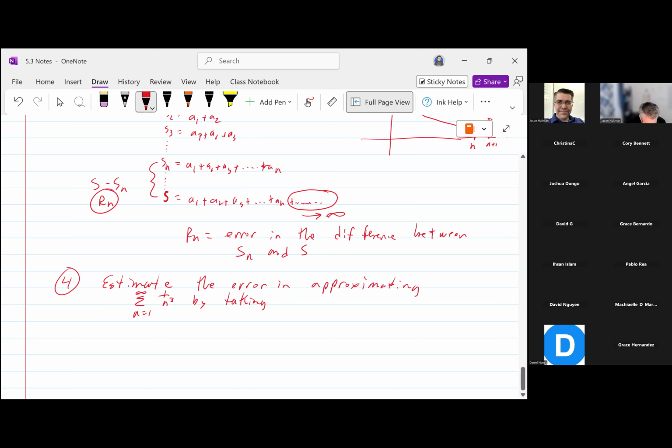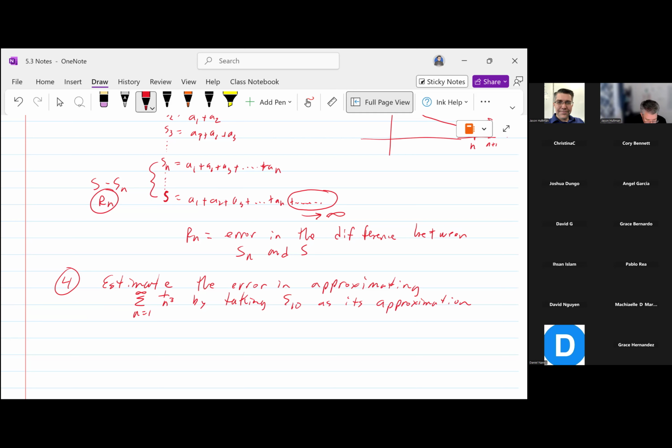We're going to go out 10 terms, S10, as its approximation. So I want to know what's the error on this.